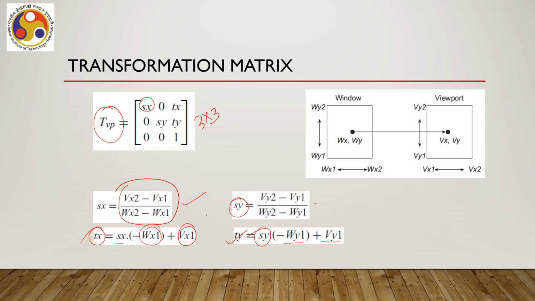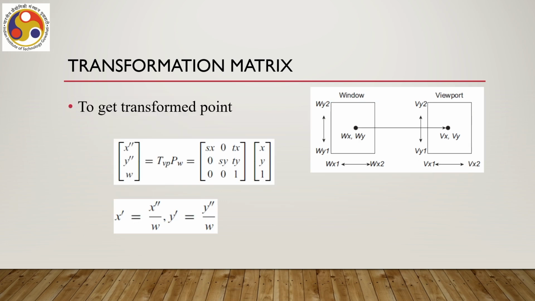So, once these are computed, then we can have this transformation matrix TVP, and to get the transformed point, what we need to do is basically multiply the point with this transformation matrix.